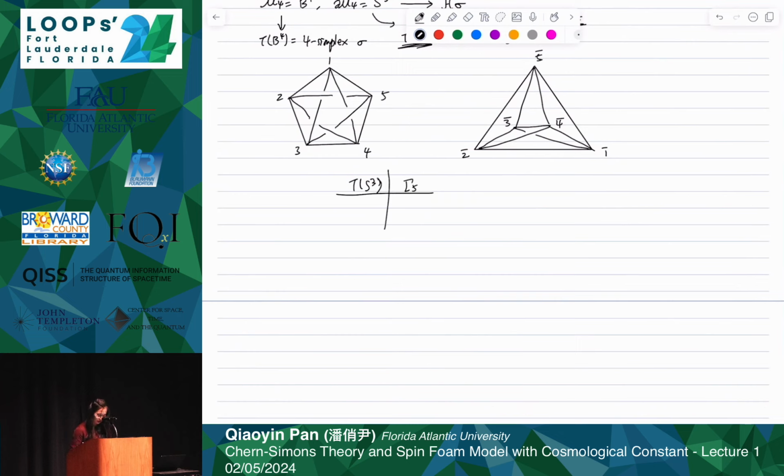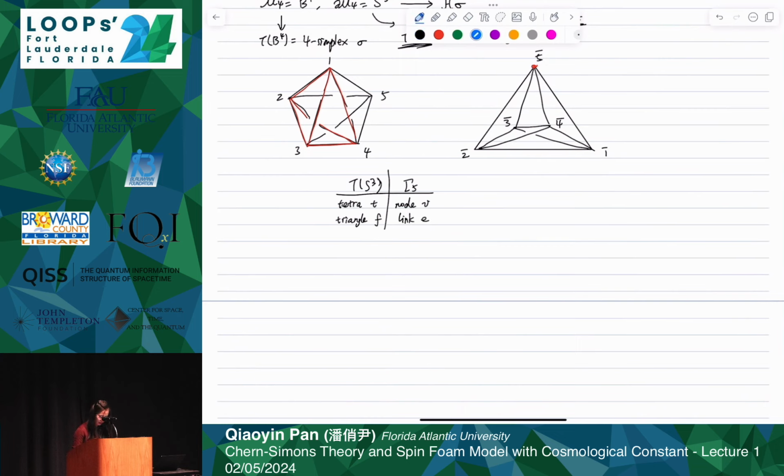They are dual in the sense that each tetrahedron in the triangulation is dual to a node in the gamma 5 graph. For example, a tetrahedron has 4 vertices, for example the tetrahedron formed by the vertices 1, 2, 3, 4. It's dual to, for example, node 5. And each triangle on the left column is dual to a link of the gamma 5 graph.